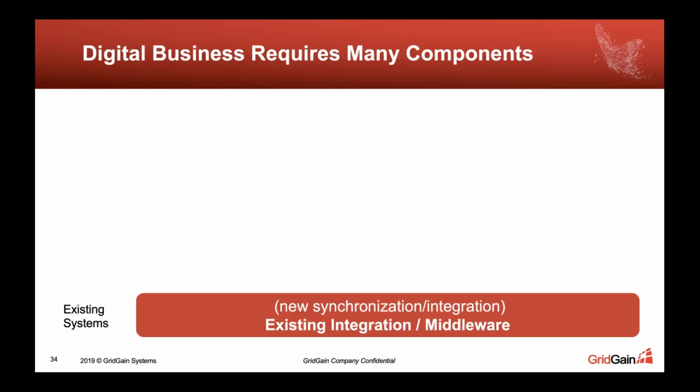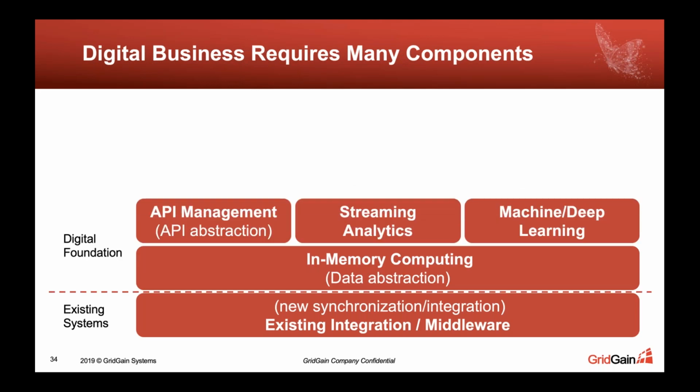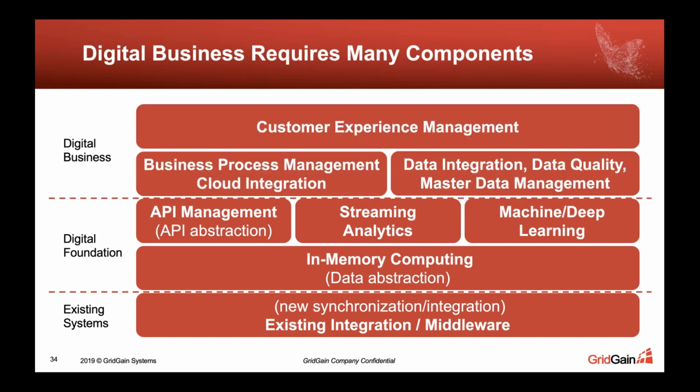And so beyond just your foundation, which we've been talking about, which is a combination of in-memory computing for APIs or for analytics or for automation, you have to actually think about how you're managing and streamlining the process, how you're tracking the experience of the customer, and possibly first among all of those is how are you cleaning your data?